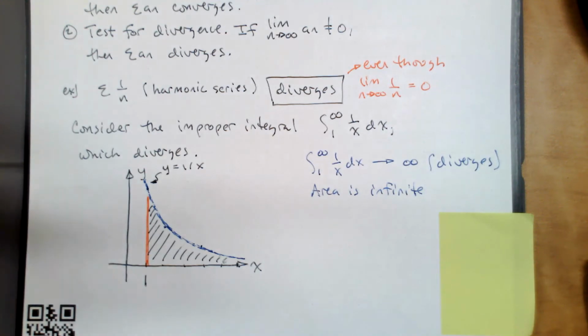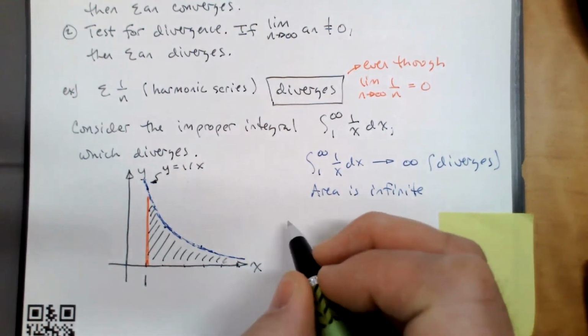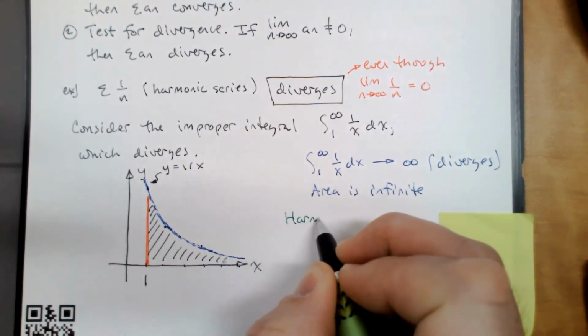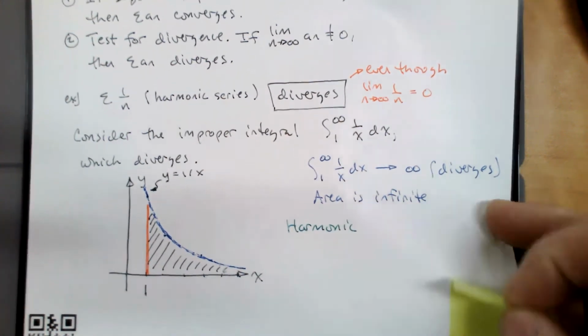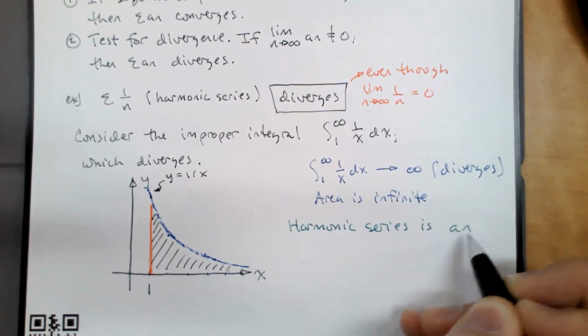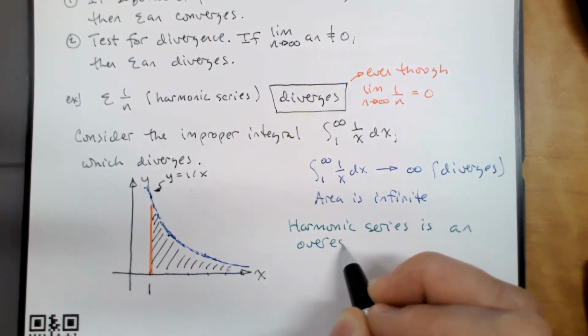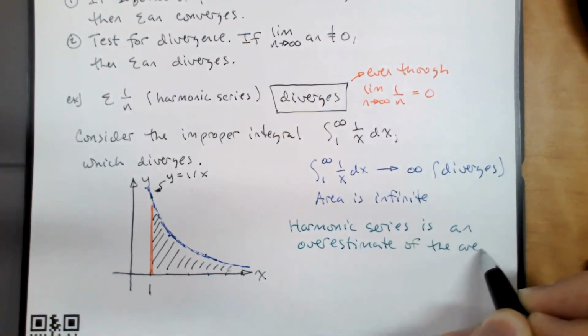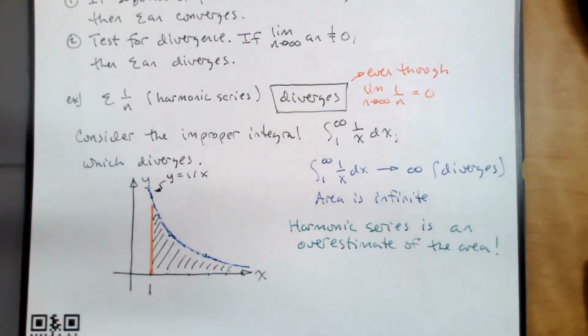So the harmonic series, the first term is 1. The harmonic series is an overestimate of the area. It's going to be a left endpoint approximation of the area under 1 over x from 1 to infinity with a delta x of 1.